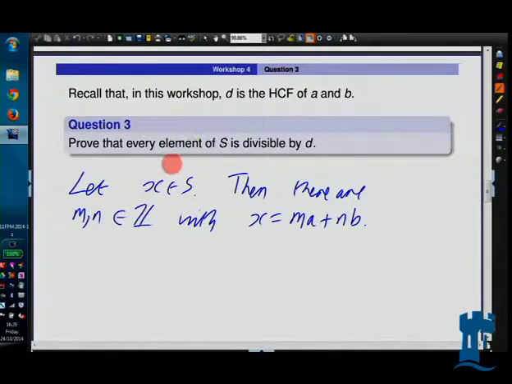But the point is that I'm only going to assume that x is in S, and I'm going to show that from that it follows that x is divisible by D. If I only assume that x is in S, and I can then prove that x is divisible by D, then my proof shows that everything in S is divisible by D, because I only use the information that you're in S to show that you're divisible by D. And that's why we start with let x be in S. That's a typical start to a proof that every element of S is divisible by D. Okay?